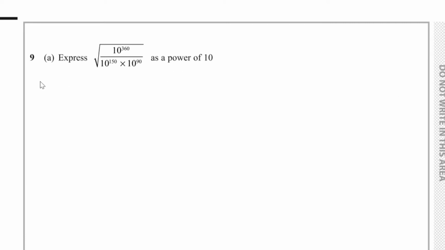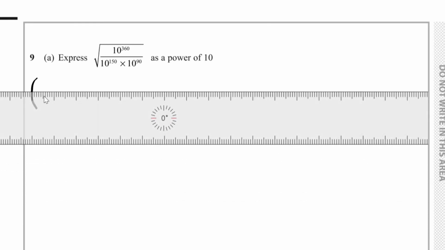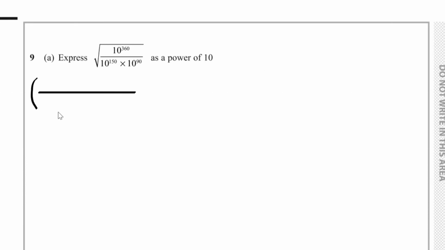So we have 10 to the 360 divided by 10 to the 150 times 10 to the 90, all raised to the 1/2.